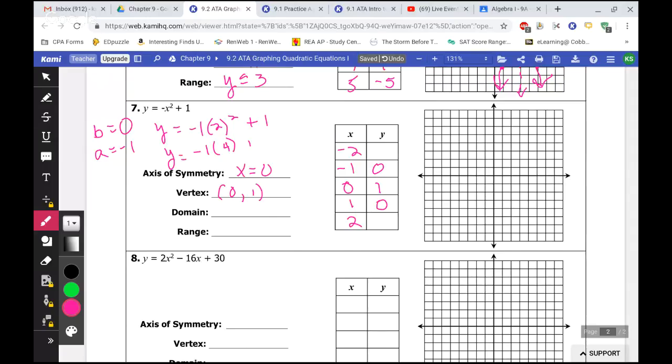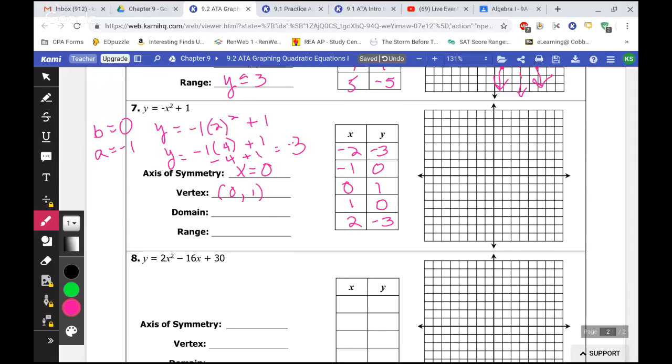Negative 4 plus 1. So that's going to be -3. So what other answer is going to be -3? -2. Good job.